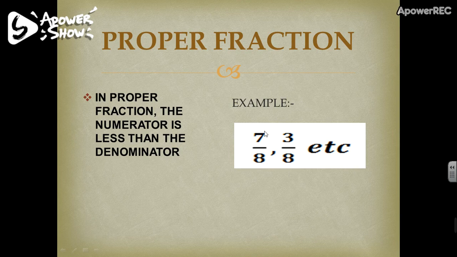Because here the numerator is smaller than the denominator, and since the numerator is smaller than the denominator, these fractions are always less than 1.